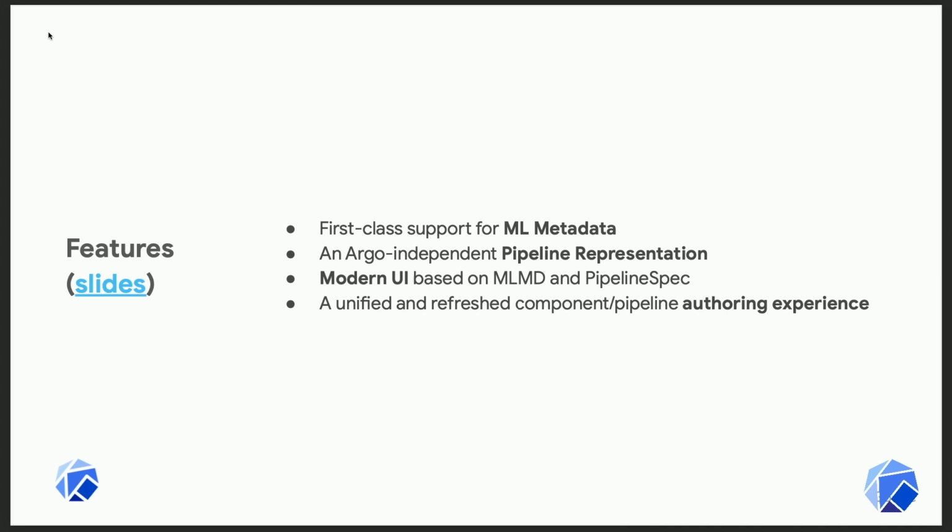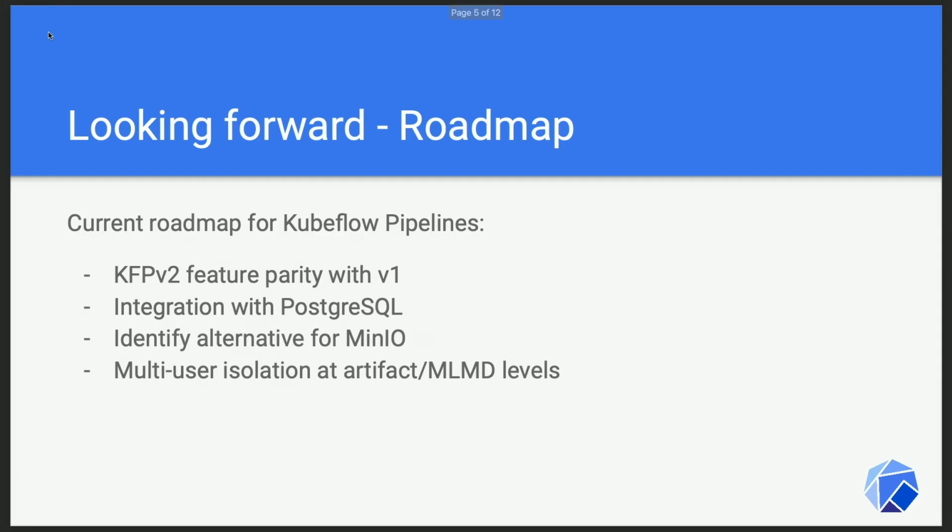And then we recommend using KFP v2 going forward for your new pipelines. So you are gradually migrating to KFP v2, but you don't need to change them all at one time. So we are trying to provide a smooth transition process for the user. With that, can we move on to the next slide?